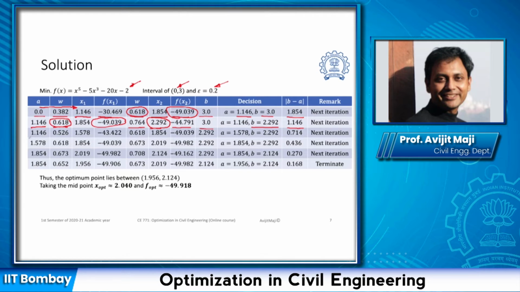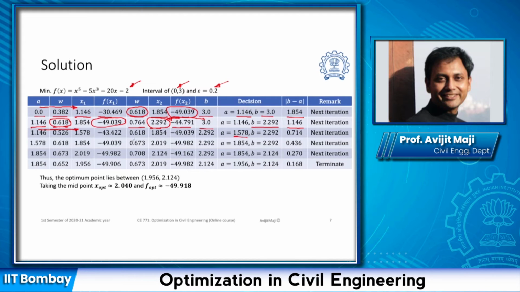And as we follow through these iterations, we can see that the boundary is moving in from one side to the other. For example, in this case, we moved the upper boundary from 3 to 2.292. In the next case, we are moving the lower boundary from 1.146 to 1.578.